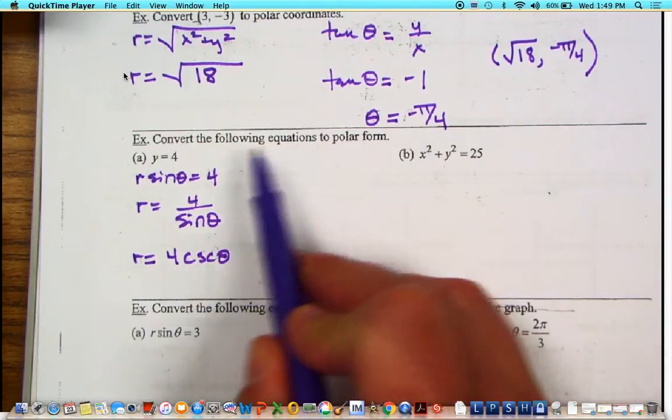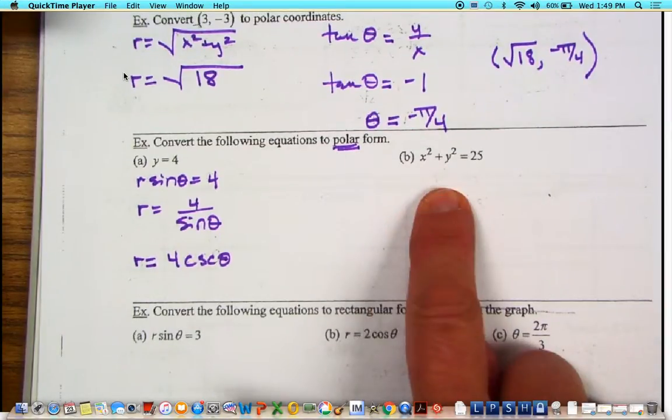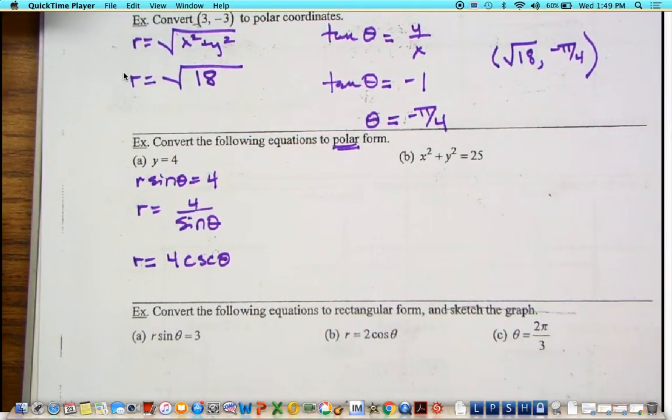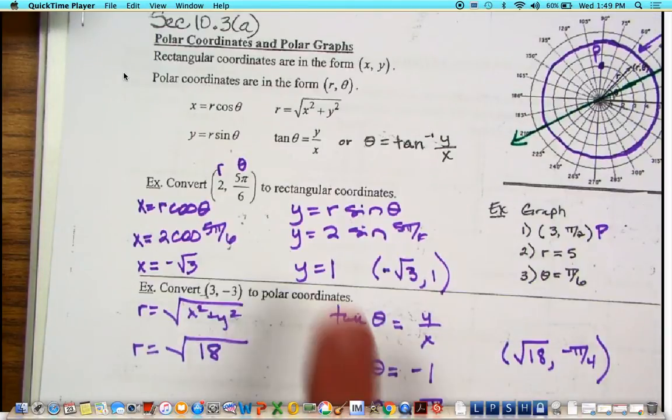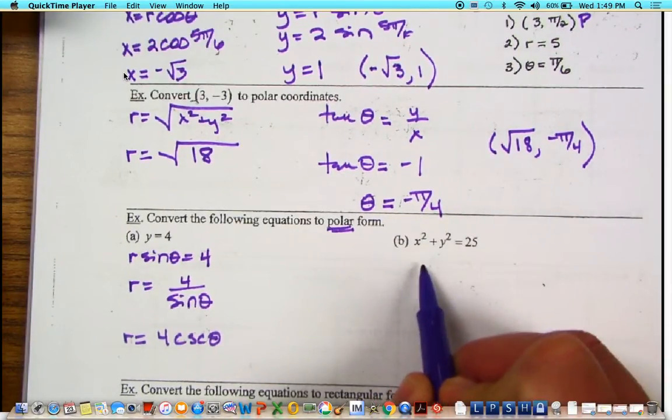So in part B, remember I want to go to polar form, so I need it to say r or theta, right? What can you do here? r squared is equal to x squared plus y squared, right?